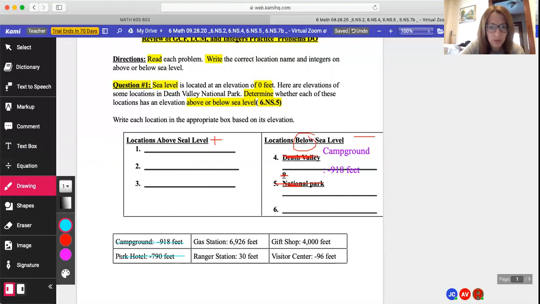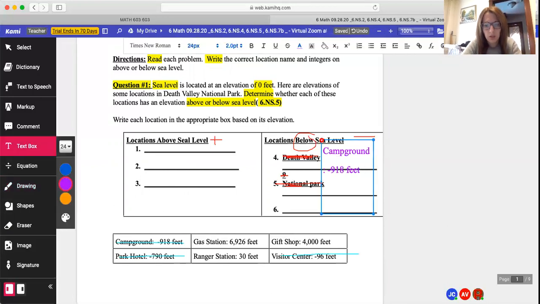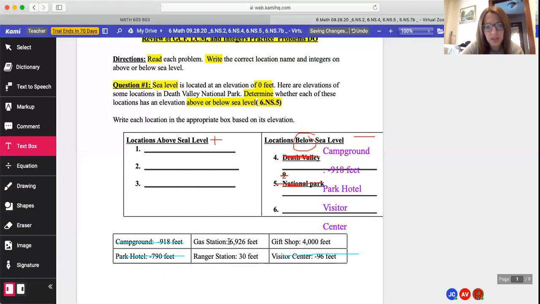I know that park hotel is also negative, and also visitor center. So park hotel and visitor center. They're all negative, which means they're all below sea level. Okay, so those 3 in blue, which then clearly means that the positives have to be gas station, which is 6,926 feet, ranger station 30 feet, and gift shop.